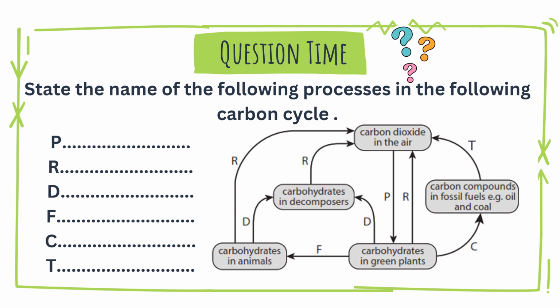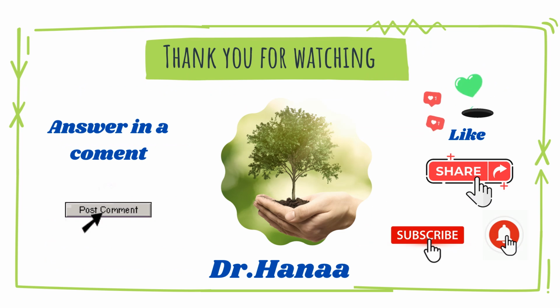So in front of you are P, R, D, F, C, and T. Don't forget to answer the question in a comment to check whether it is right or wrong.